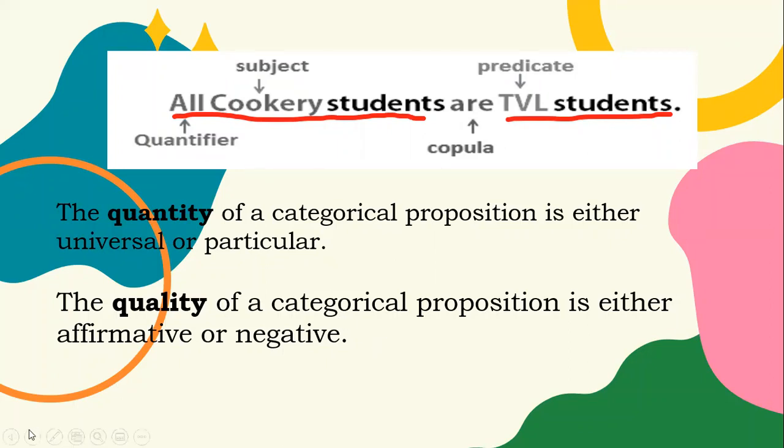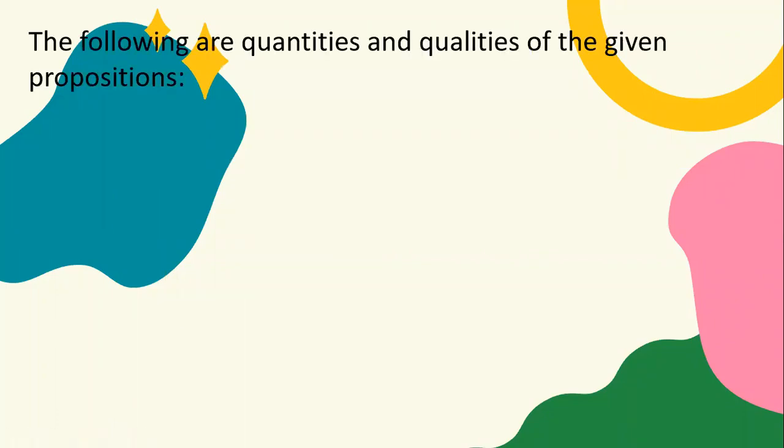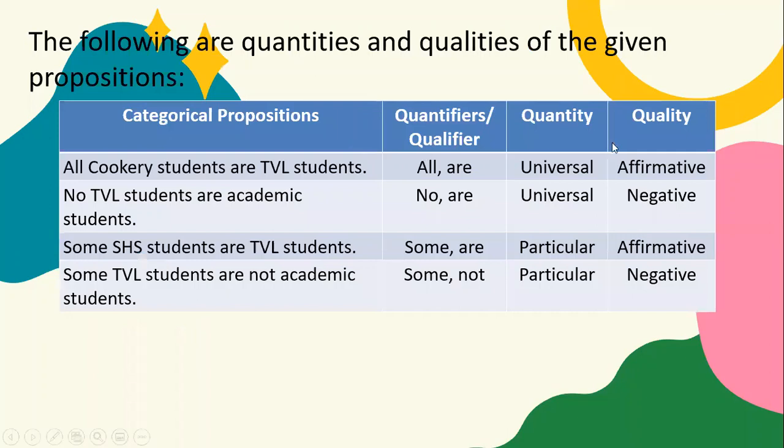So to summarize the quantifier and qualifier in our categorical propositions, we have this one.